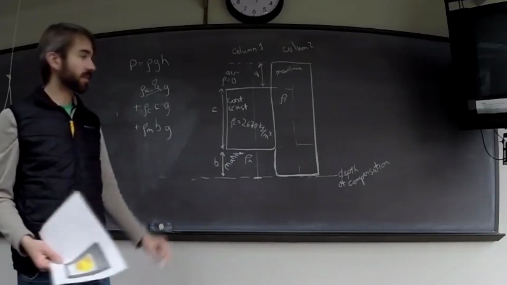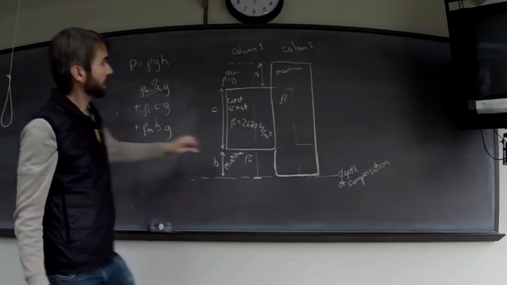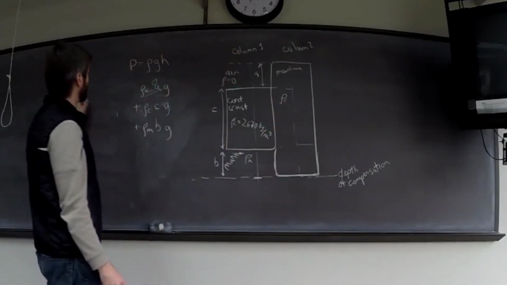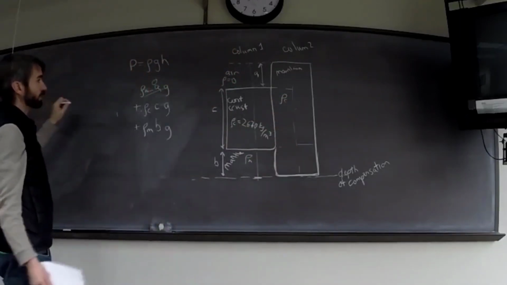Now, isostasy says that the weight of this column has to be equal to the weight of column 2. So let's figure out the weight of column 2.